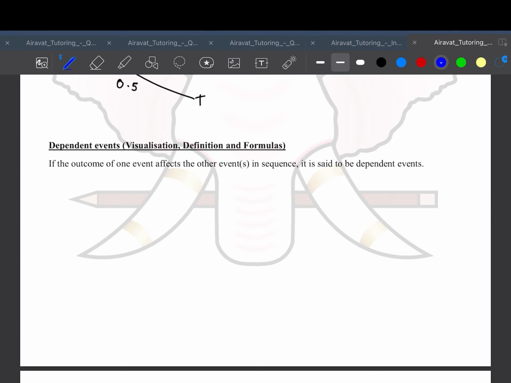So the probability that it rains tomorrow is dependent on whether it rains today. If it rains today, the probability that it rains tomorrow as well is going to be 0.1, and if it doesn't rain today, well, it's going to be 0.9. Something like that. This could be a question that could pop up using the concept of dependent events.